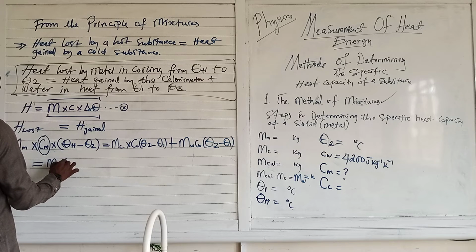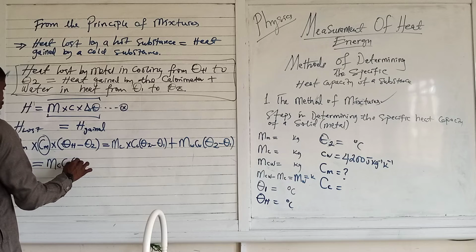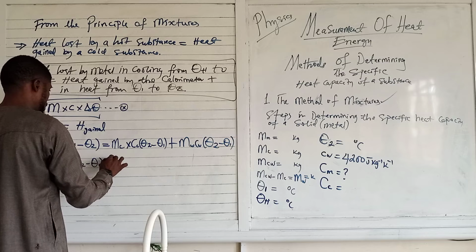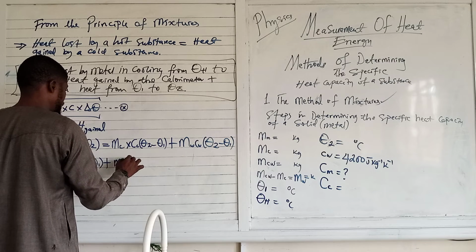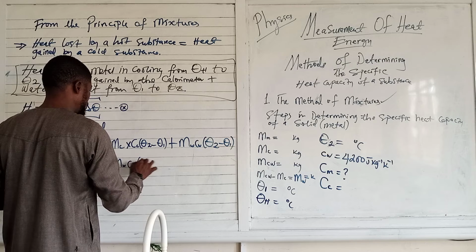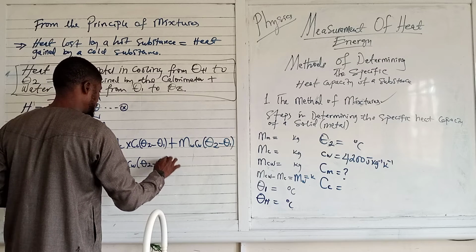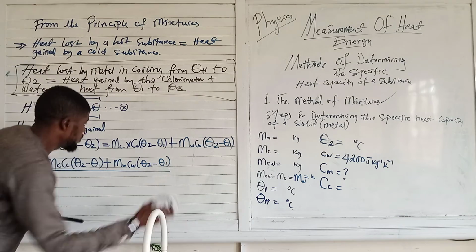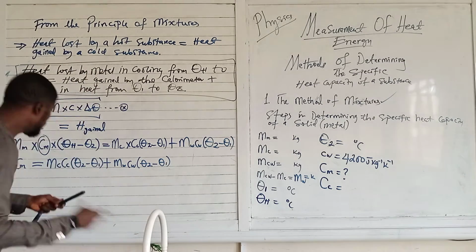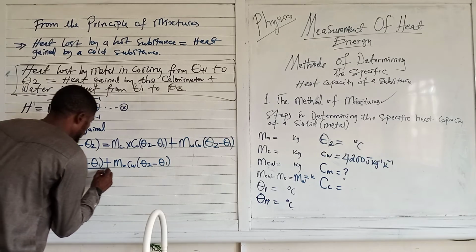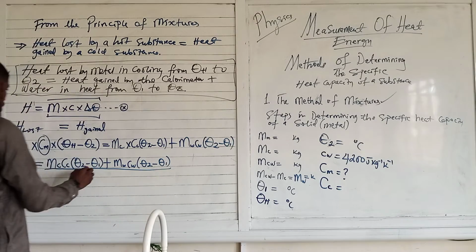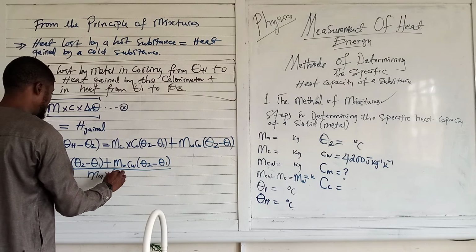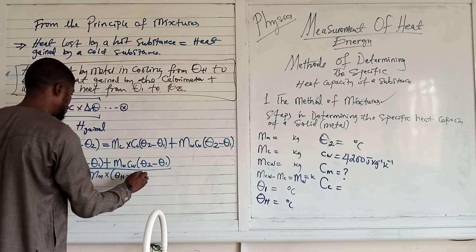Cm is equal to Mc Cc times theta 2 minus theta 1 plus Mw Cw times theta 2 minus theta 1, all divided by mass of the metal times theta hot minus theta 2.